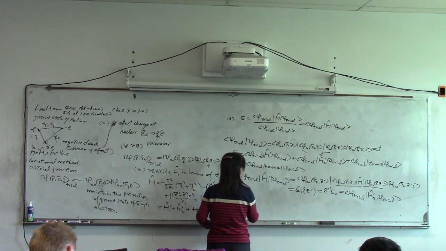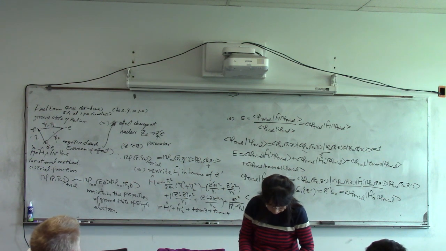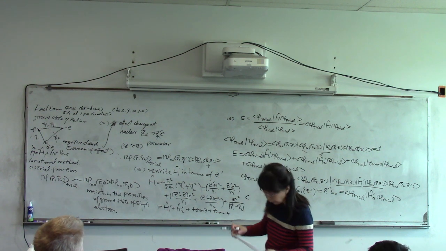Now let's look at the third term. The third term is also easier because it only depends on each individual r.